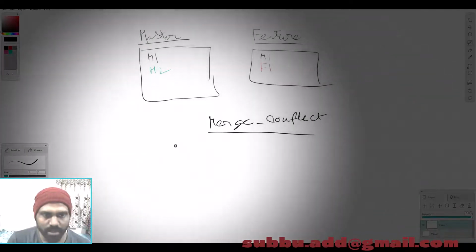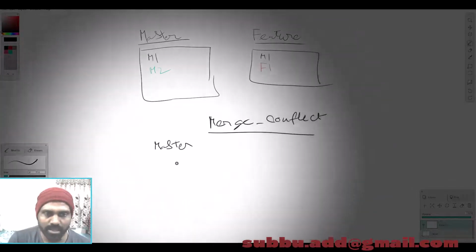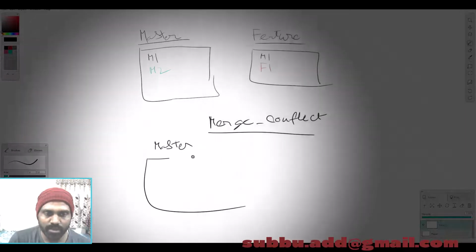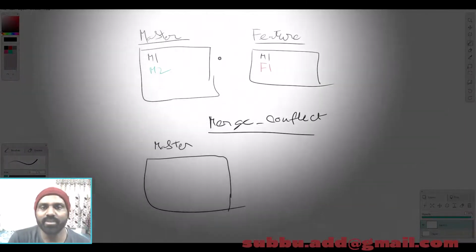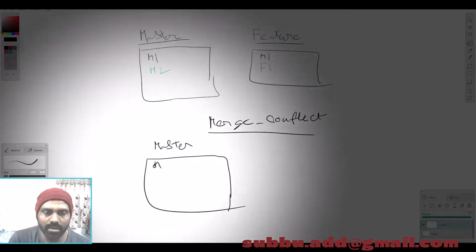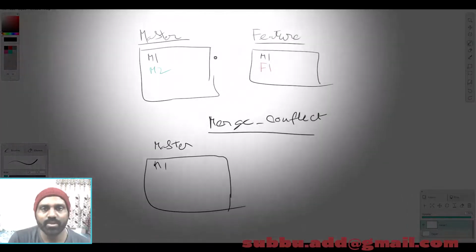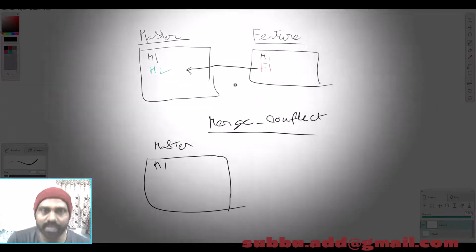We are in master branch again. The moment we tried merging, M1 is common in both the places. So this one is conflicting with this line.